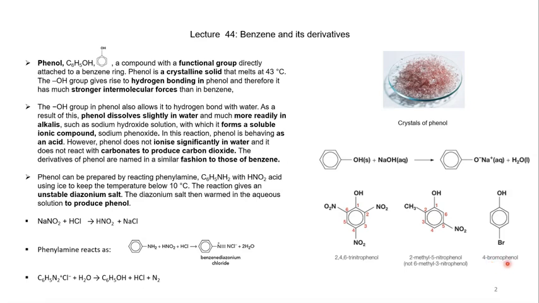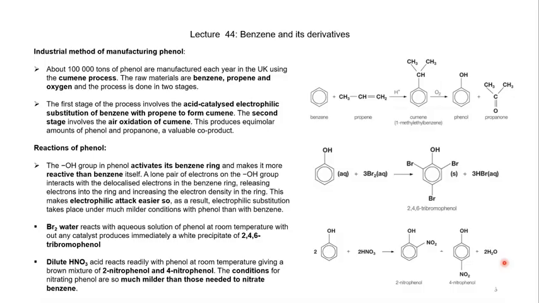Next slide. How do we prepare phenol industrially? There is statistical data that the UK alone manufactures about 100,000 tons of phenol each year. If we want to do industrial manufacturing of phenol, we go with a procedure we call the cumene process.